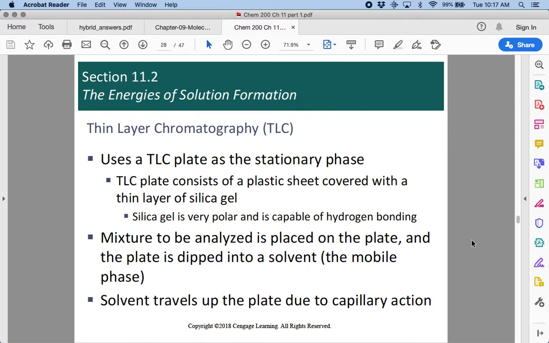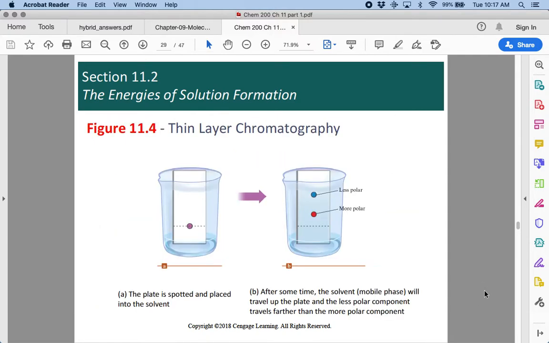I'm just putting this up as something that you will see as you move through your chemistry career, especially if you go on to organic chemistry. This concept of thin layer chromatography is a good analytic tool often used to take advantage of capillary action in solvents. You'll have a silica plate and you'll put a tiny spot of your material that you want to analyze on your silica plate, and you'll let that sit in a little well of solvent.